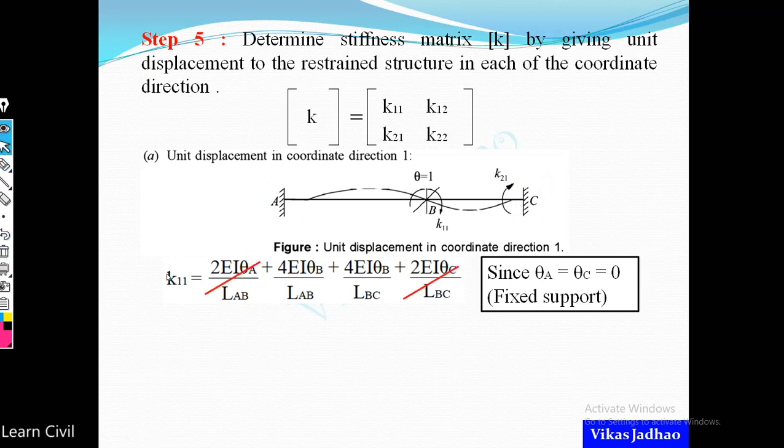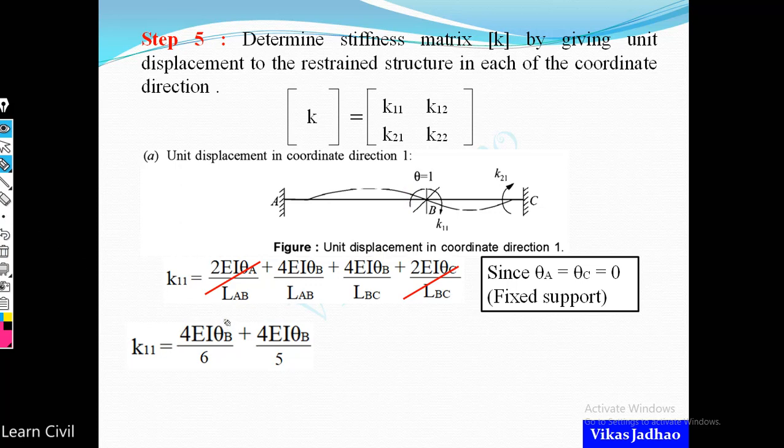Therefore we get K11 is equal to 4 EI theta B divided by LAB plus 4 EI theta B divided by LBC. Just substitute the values of span in this equation. So we get the values like this. Now we know that at this support B, theta B is equal to 1 radian.